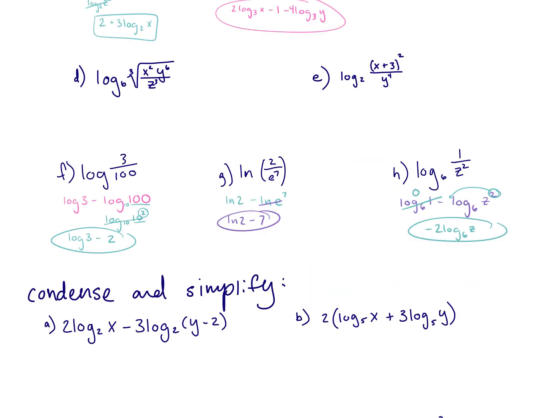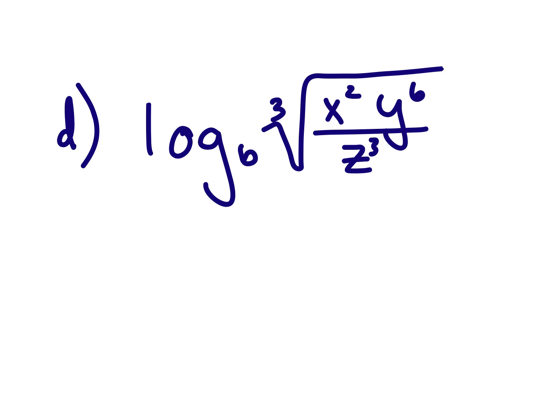We'll do d also. Let's look at d. So here, everything has that cube root on it, so everything would be raised to the 1/3 power. So we could move that in front of our log now, and then just make sure it gets distributed to everything at the end.